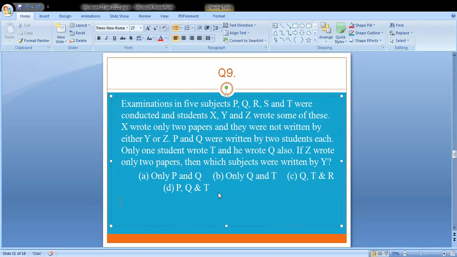Only one student wrote T, and he also wrote Q. Z wrote two papers. So what are the subjects which were written by Y?